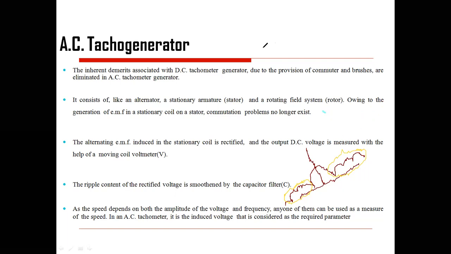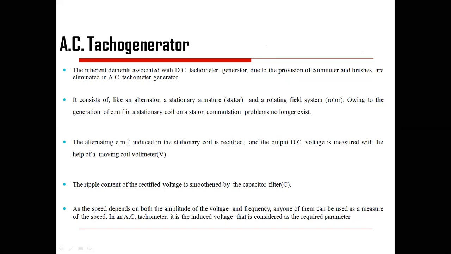Using the capacitor filter, these ripples are suppressed so that you get a smooth output. Here you may get the resultant output like this smooth one. You are not going to get the ripples, and that can be smoothened by using the capacitor filter.